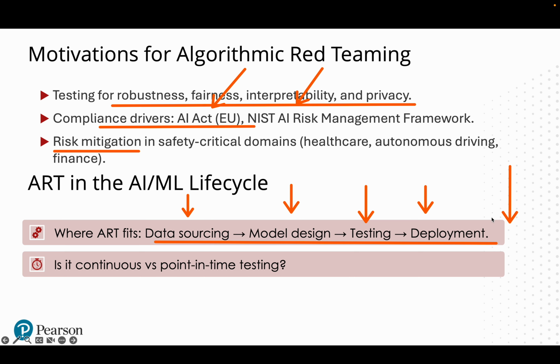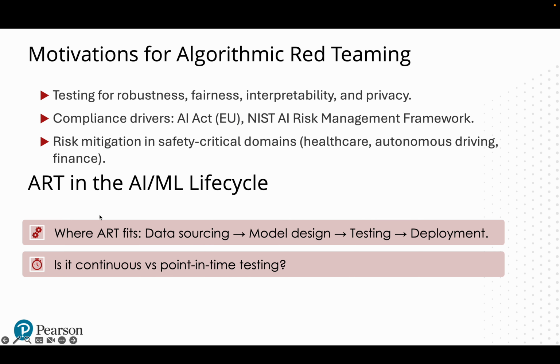Why during the data collection? Because during the data sourcing and the data collection, poisoned or mislabeled samples can enter your training data. And then that's it, you're infected. Then during the training, for example, model parameters can be manipulated or made to overfit.